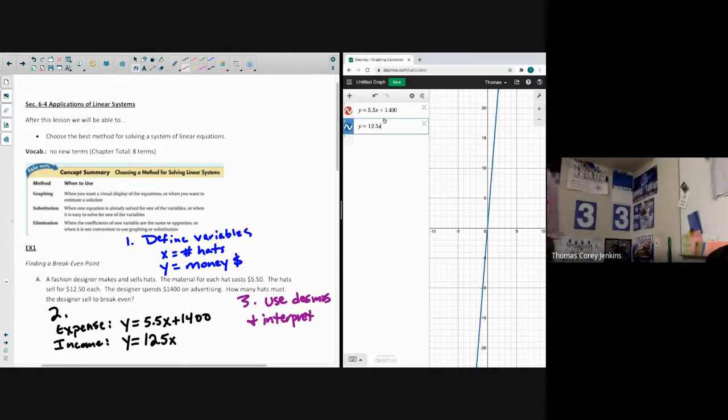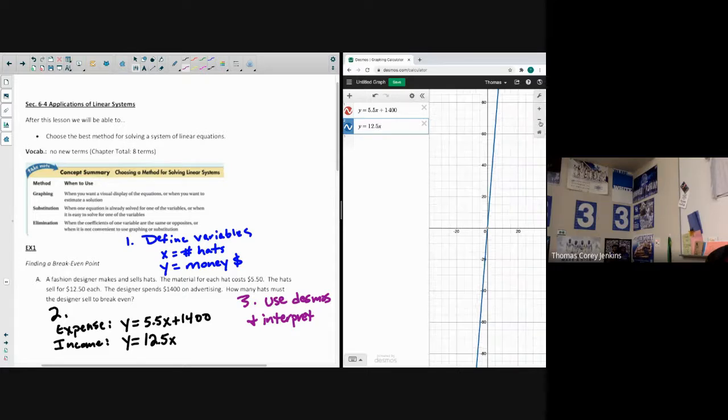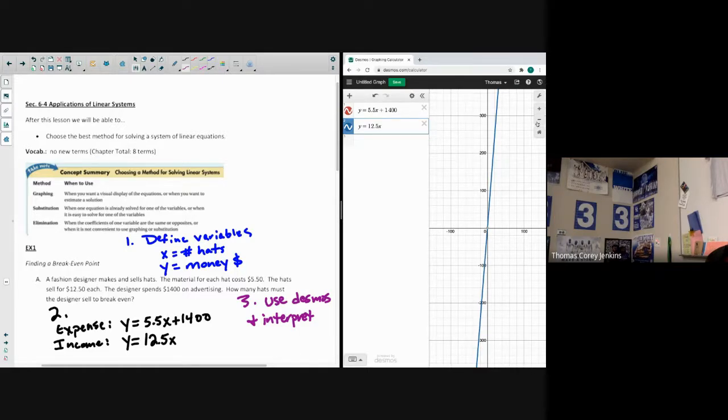Now you can see on the screen I have both equations typed in, and I can really only see one of the two lines. That means that I need to zoom out, and I need to keep zooming until I see two lines.